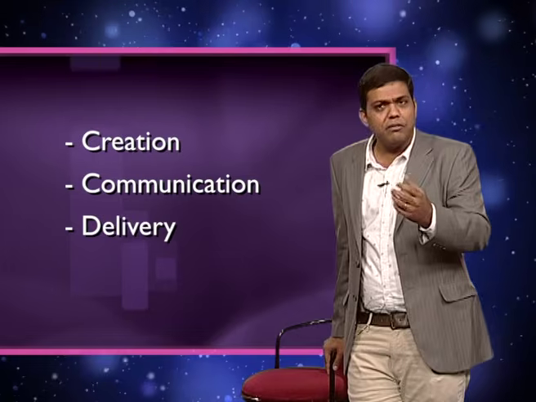Once you have created value in the format of a product, a service or an offering, you then communicate it so that customers are aware of it. Once the customer becomes aware of the value you are offering, the customer might be interested to come and acquire it from you. The customer might be expecting to buy this mobile phone from certain places, so you have to ensure there is a mechanism in place that enables the customer to buy it from you.